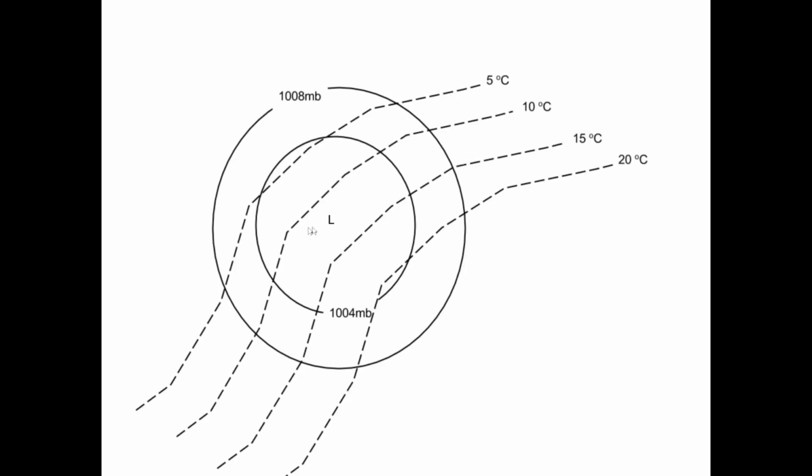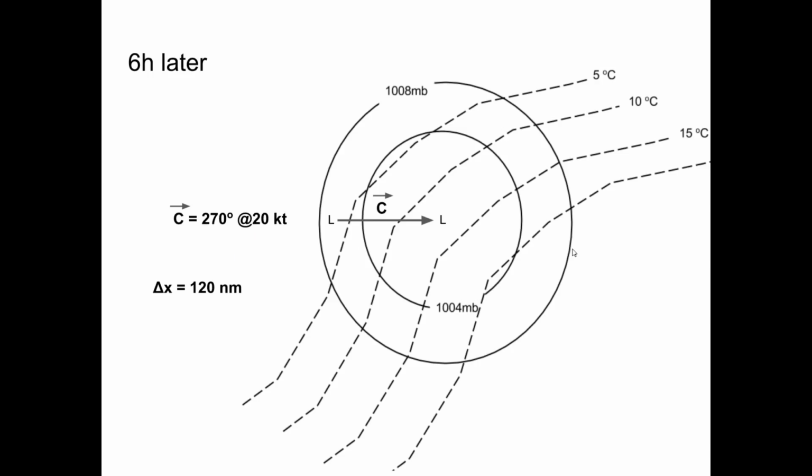Okay, so here I've got this imaginary surface flow, with sea level pressure contours and isotherms, the dashed lines, and let's say that this system doesn't change its shape at all, but it just moves from west to east at 20 knots.